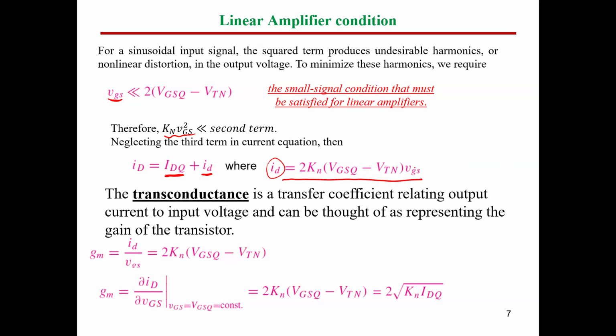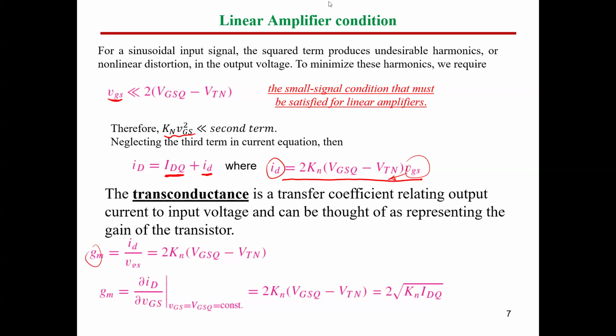So the transconductance is gm, and gm equals id divided by vgs. So the relation of the transconductance is 2Kn times (VGSQ minus the threshold voltage).